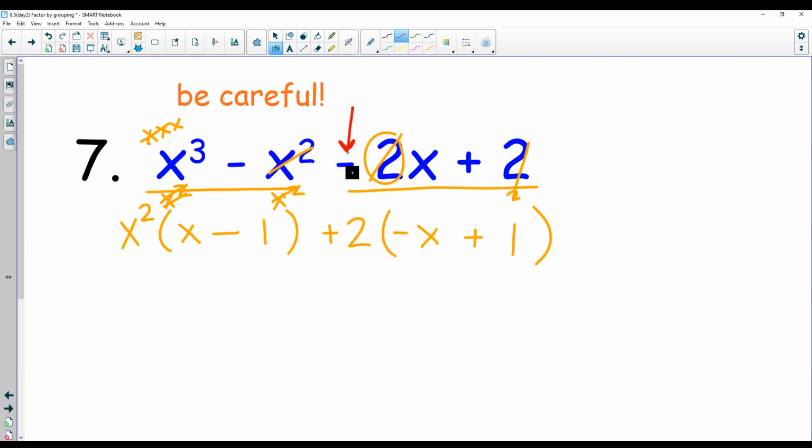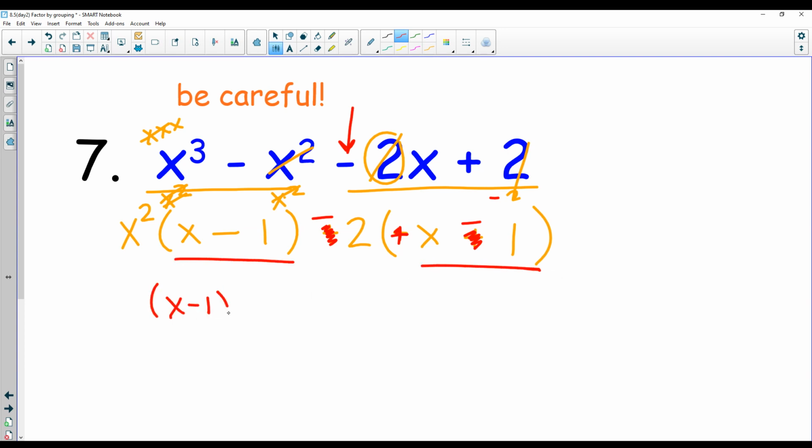A lot of times, if that third term is negative, you actually want to divide by a negative factor, if you can. Kind of look at it and see if that would work. That would turn this positive, and that would turn this negative because you're divided by a negative 2. And now our 2 groups match.